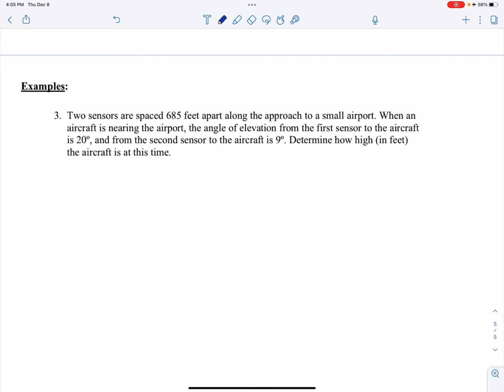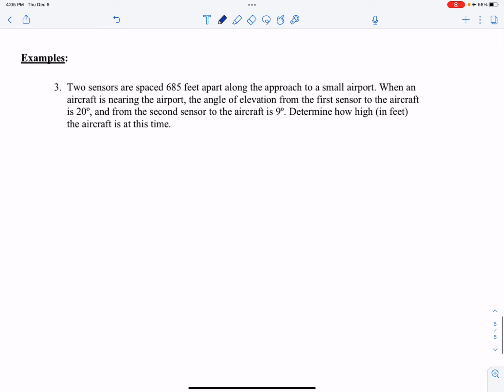Okay, now time for our application problem. 2 sensors are spaced 685 feet apart. Okay, so let's start with sensor 1 and sensor 2, and we are 685 feet apart along the approach to a small airport. When an aircraft is nearing the airport, the angle of elevation for the first sensor is 20 degrees, and the angle from the second sensor is 9 degrees.